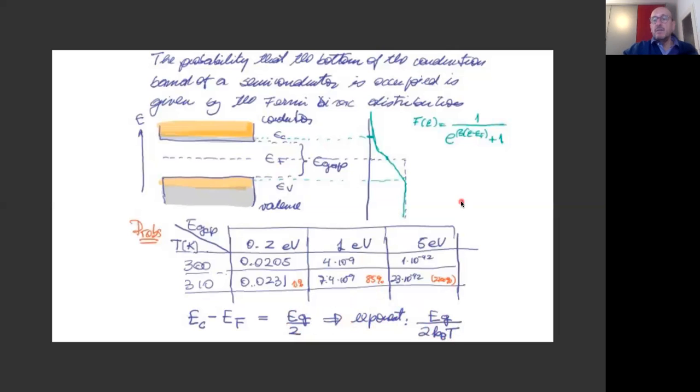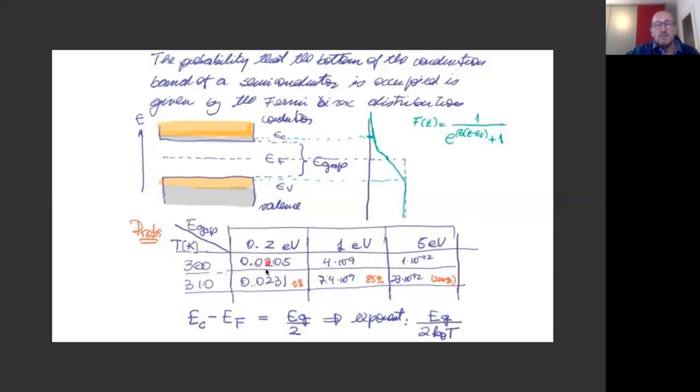And what I have done is evaluate this expression, F of E. These are the values of F of E for each of the gap energies and with the two temperatures. Look at what happens here for a very low gap energy.